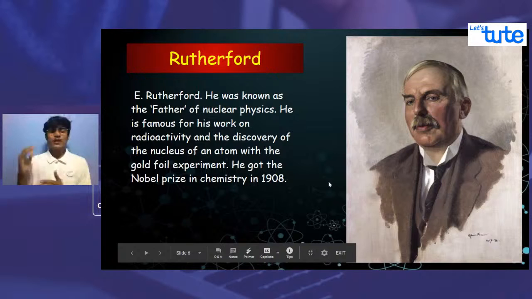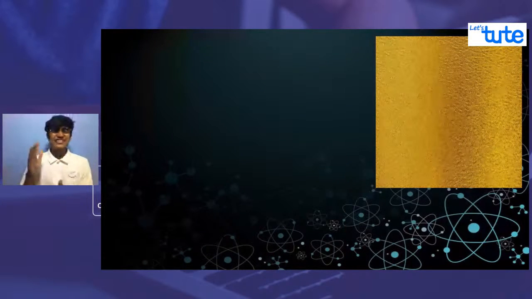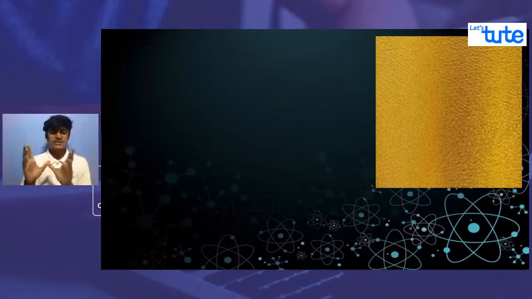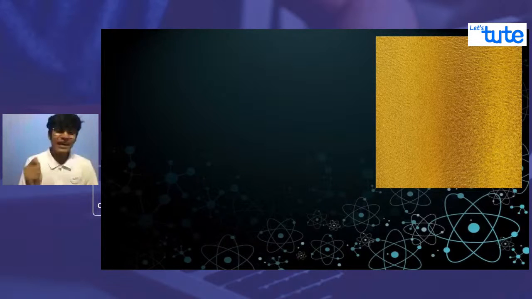So let us try to understand what the gold foil experiment was about. Suppose this is a gold foil. The first question which should come to your mind is why did Rutherford choose gold foil?